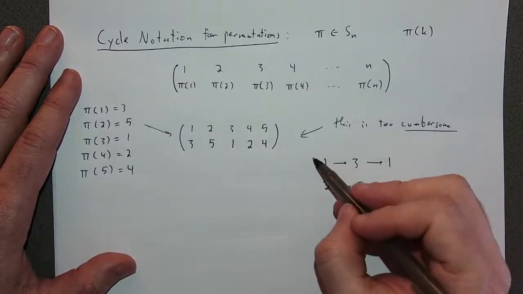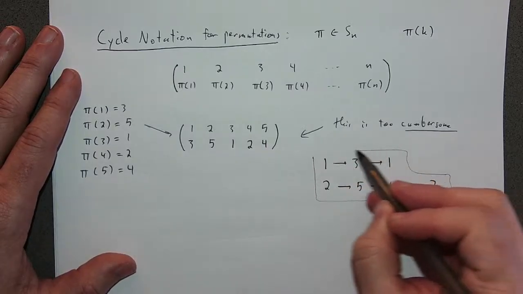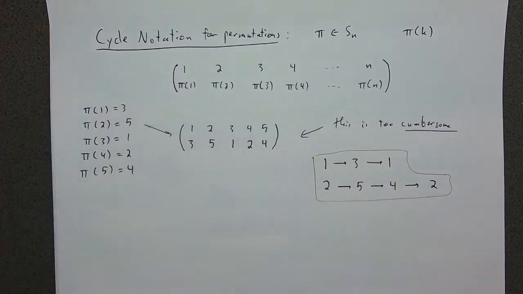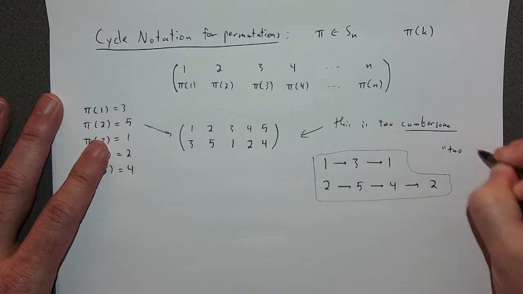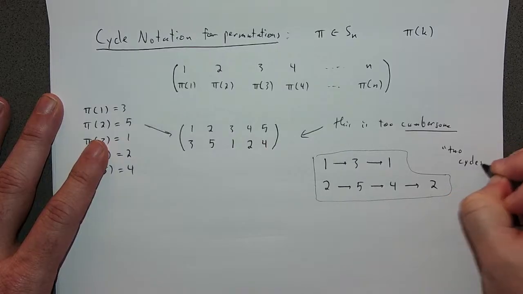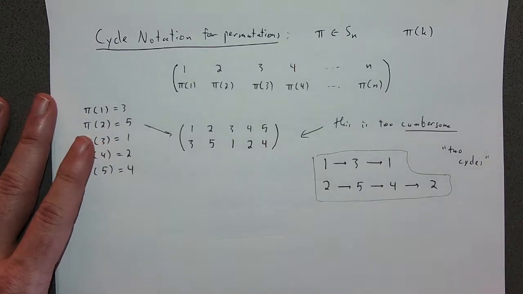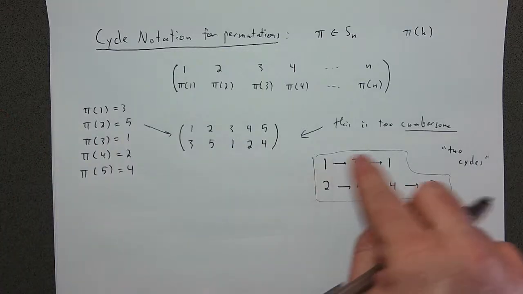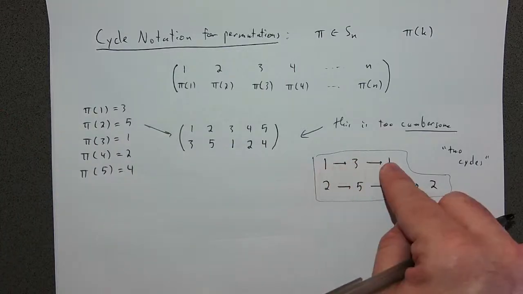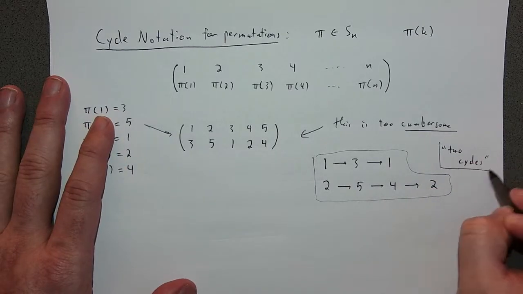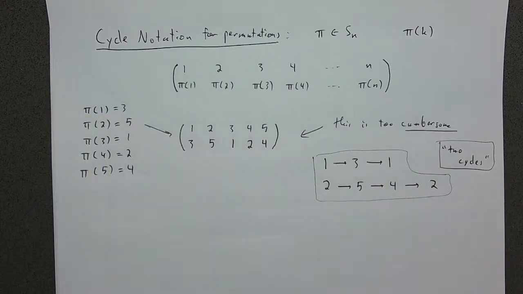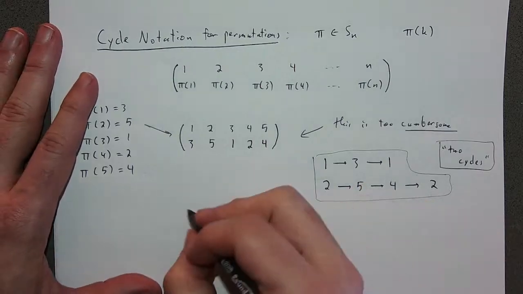In a way, we can think of these as 2 cycles. The reason we use the word cycle here is clear, because these cycle around. 1 eventually goes back to 1, 2 eventually goes back to 2. We can think about this permutation as being a combination of these 2 cycles. And the way that we would denote this is the following.